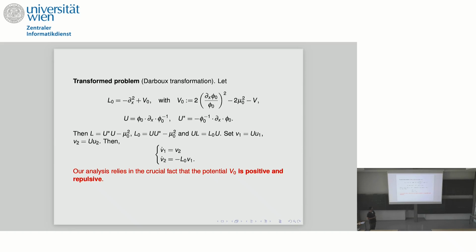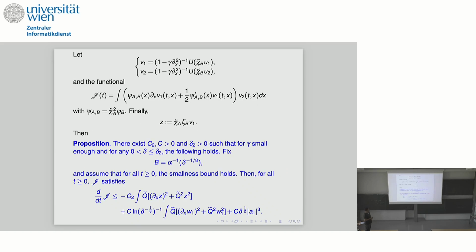So it satisfies, in some sense, the ideas of our paper with Kowalczyk, Martel, and Van den Bosch. And we can say that the dynamics of the transformed problem is very good. It's good enough. So this is the second result.